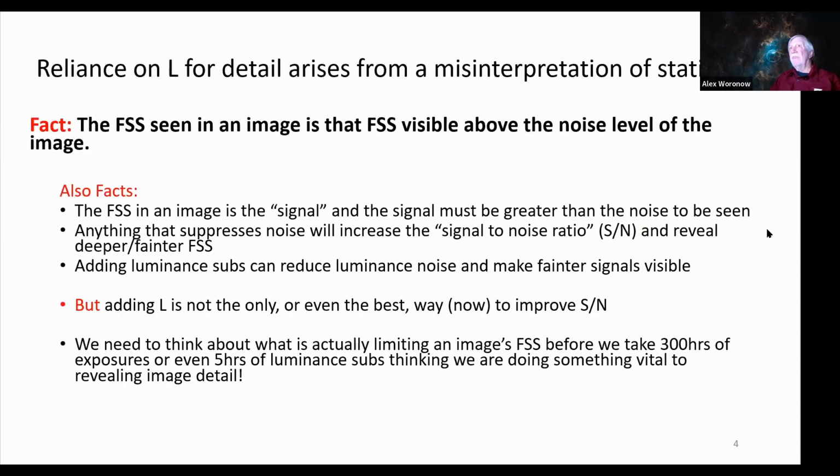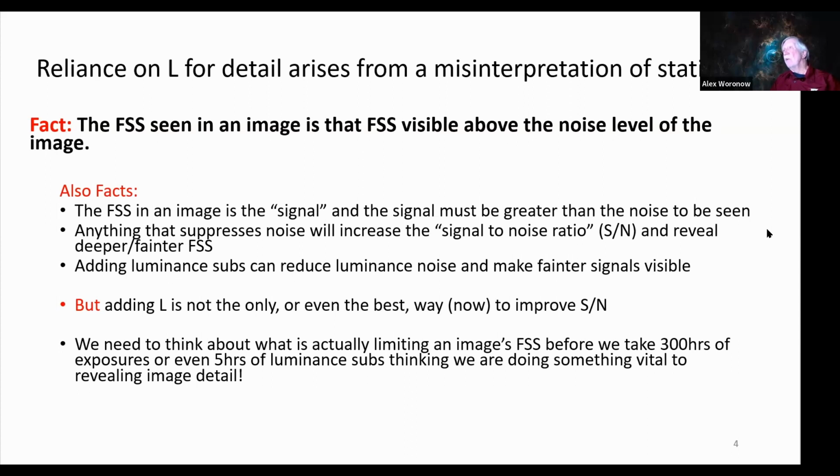Reliance on L apparently arose from an interpretation of statistics. At least that last statement, that L was for detail, arises from this. The fine scale structures seen in an image are those structures that are visible to us above the noise level of the image.